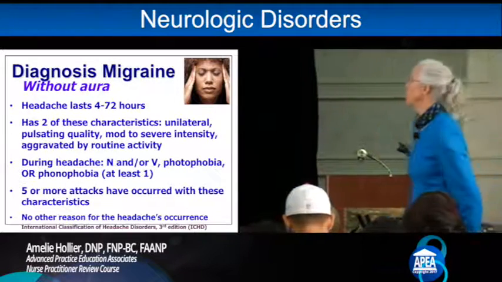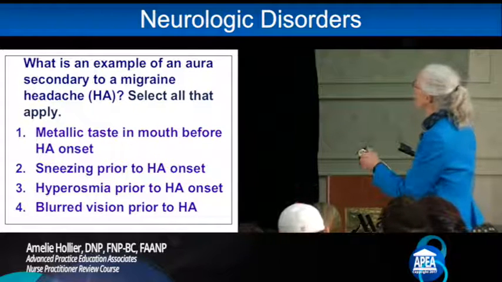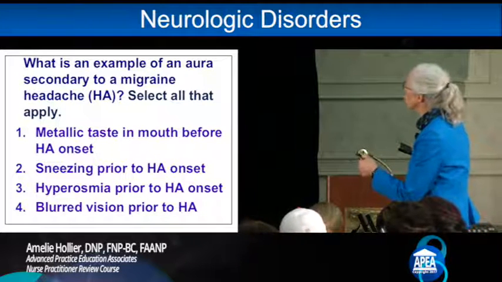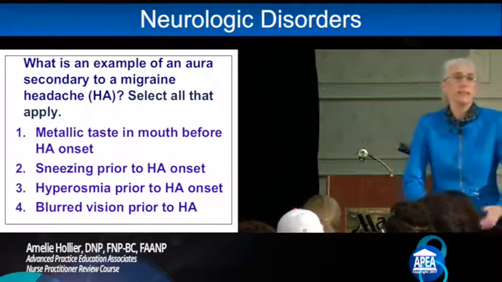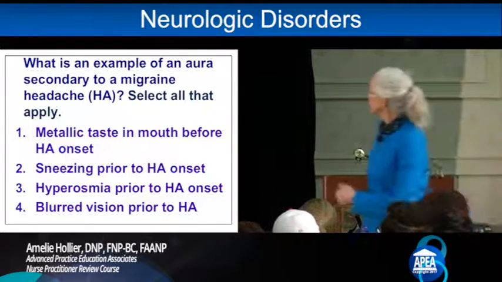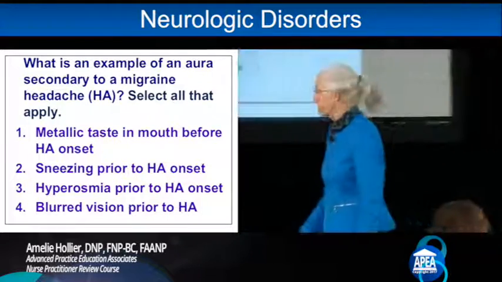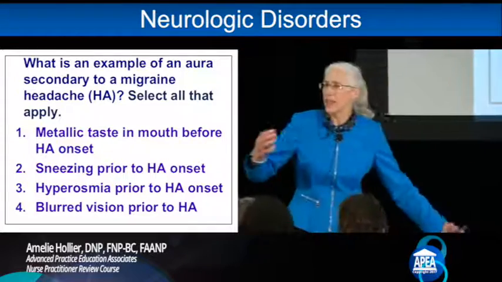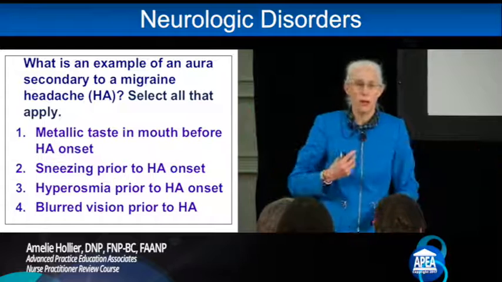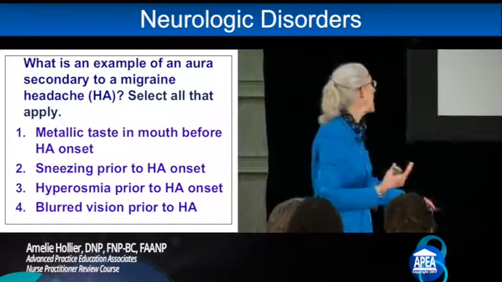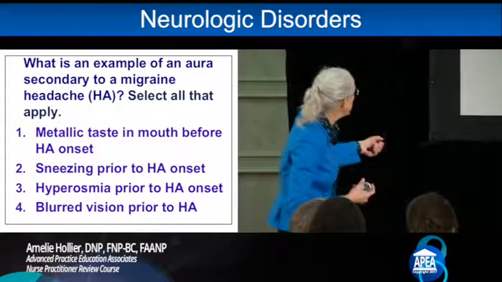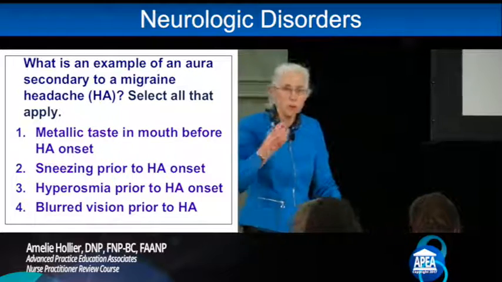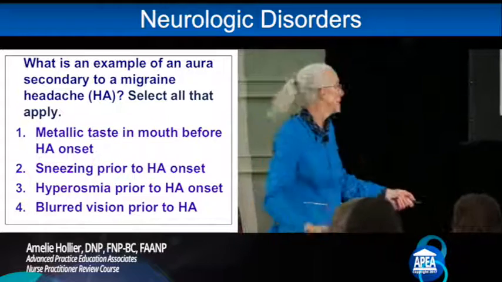Take a look at this question. What's an example of an aura secondary to a migraine headache? And this is a select all that apply question. Well, listen, an aura always stimulates some sense in you. The sense of smell, the sense of taste, the sense of vision. So, number one, metallic taste. Some people will tell you they have a certain taste, they know they're going to get it.